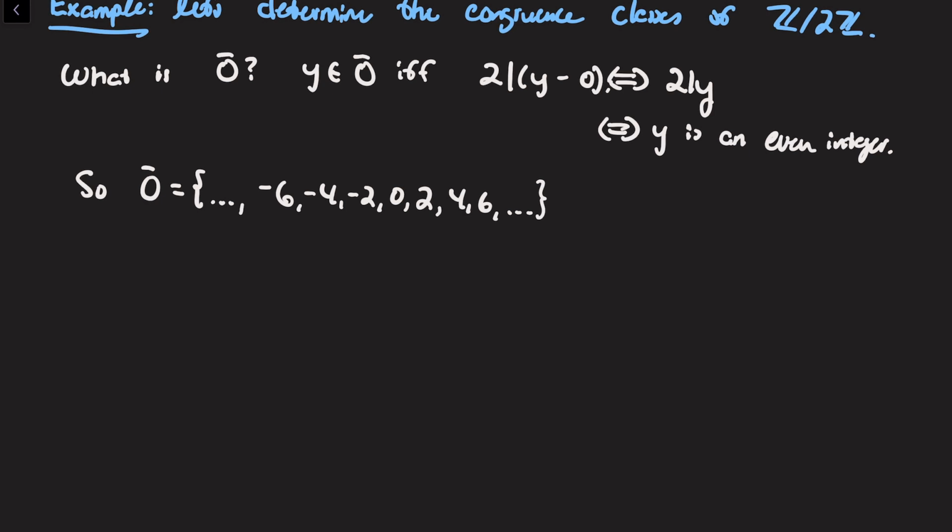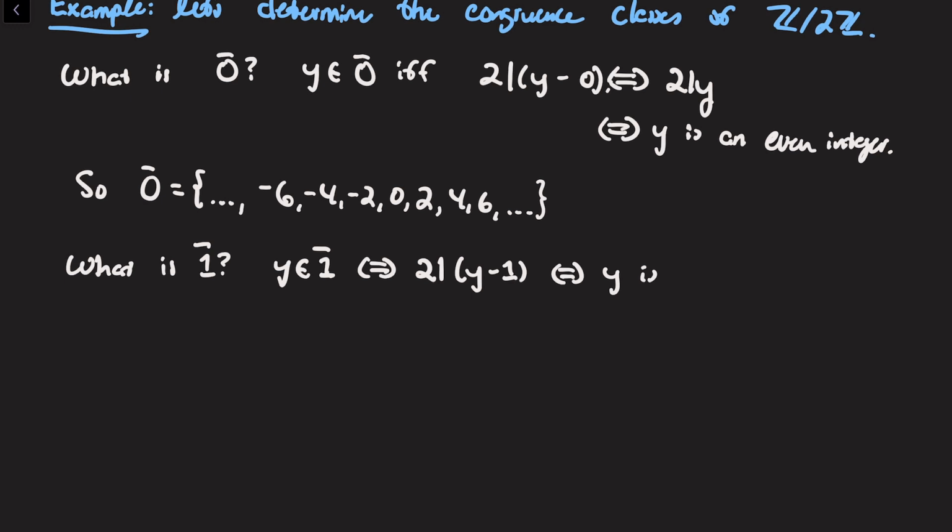What about 1? Well, we can do a similar thing. So y is congruent to 1 mod 2 if and only if 2 divides y minus 1. But there's another way to say that, of course. y is odd. Okay, but every integer is even or odd, right?